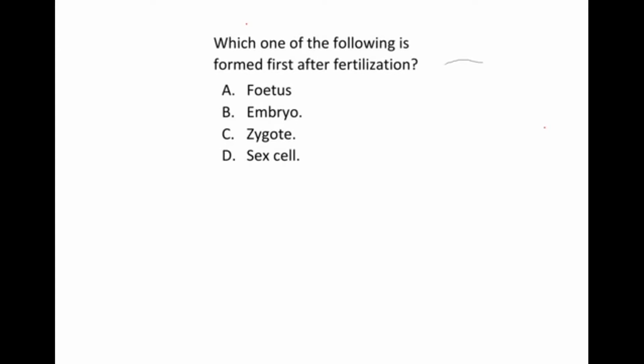So when we look at the female reproductive system, which looks like that, we have the ovary there, then we have the oviduct or the fallopian tube, then we have the uterus.